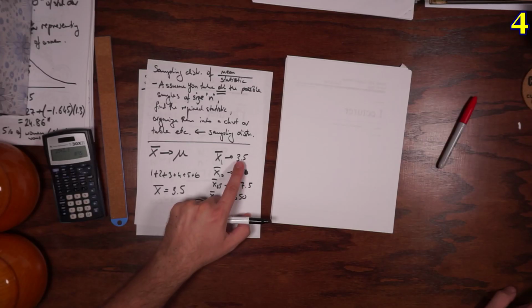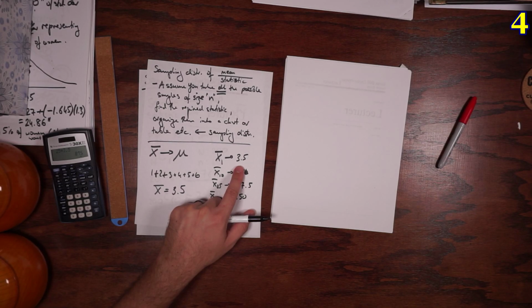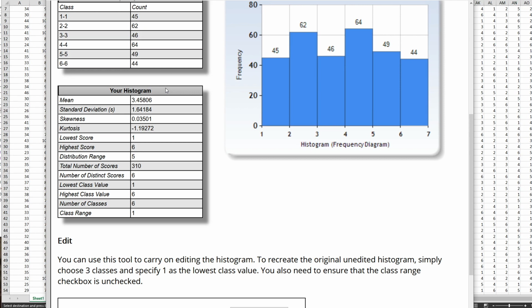And then the last one for just single rows, we would expect 3.5, and we got 3.45, which means that from this collection of samples, we're getting a mean that is very representative of what we would expect to get from this population. Right?